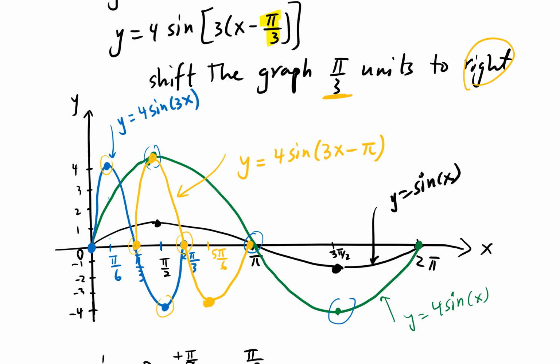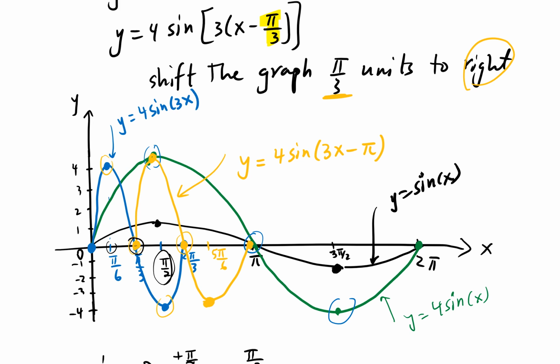The 0 stays the same. The pi over 2 becomes pi over 6. That's where it came up to this point. And the other one's the same. So we get the blue one.